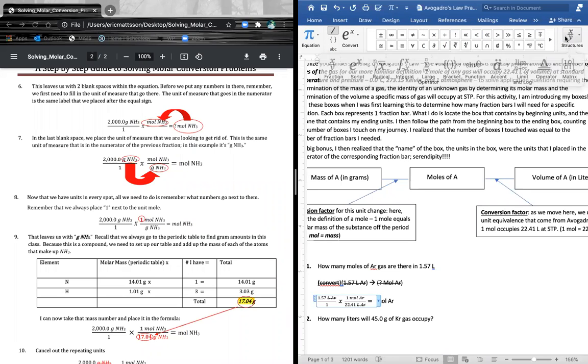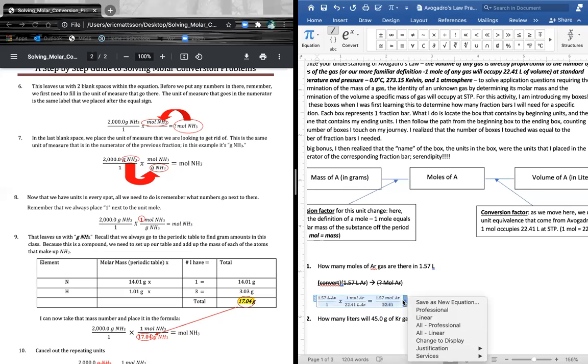So we'll do this legitimately here. So 1.57 times 1 mole of argon at the top gives me 1.57, and then my unit of measurement is moles of argon. And then on the bottom, I multiply 1 times 22.41, and I canceled out the units, so there's no unit down here. So that'll just be 22.41.